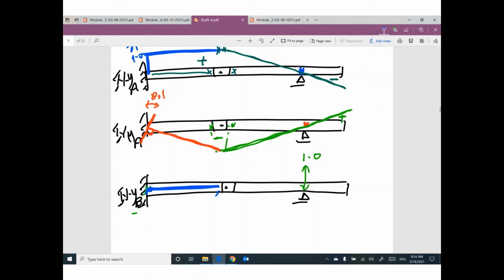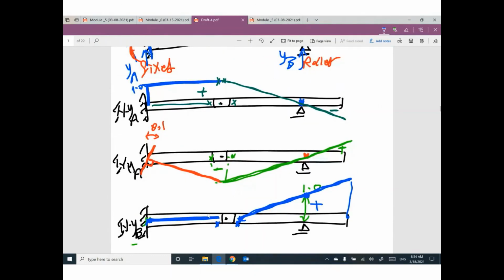This side of the connection didn't move, the other side will not move. So we have a point here, we have a point here, this part will be like this. Must be a straight line, positive. This is called influence line for YB.